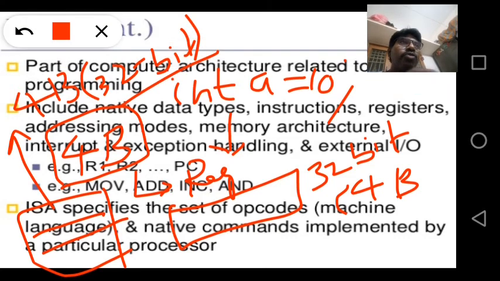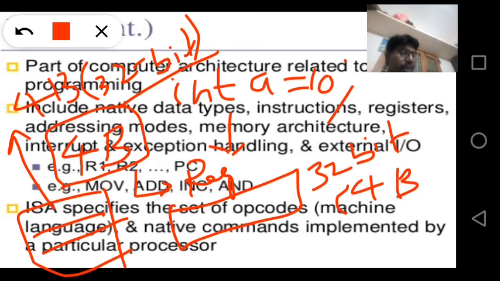So the length of the memory word is 32 bits, the length of the register is 32 bits, and the integer takes 32 bits. Integer requires 32 bits or 4 bytes of memory. This is called a native data type.